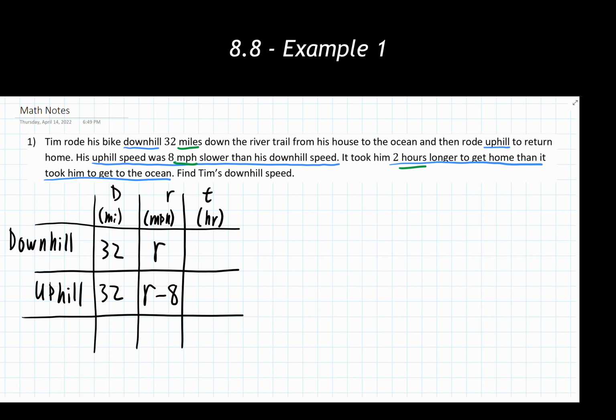So if I say it took him t hours to get downhill, then the uphill time, or return home time, would be that same time t plus 2 additional hours, because we're told it took 2 hours longer to get home, or to go uphill is another way of thinking on it.